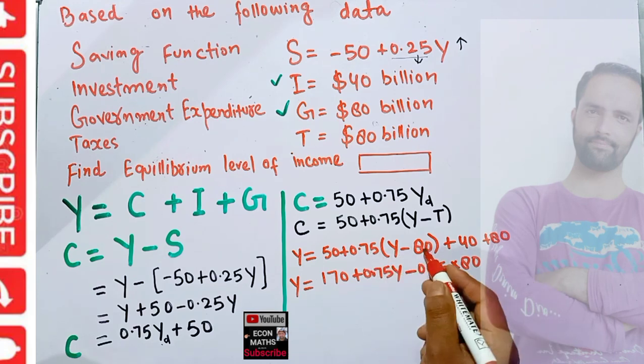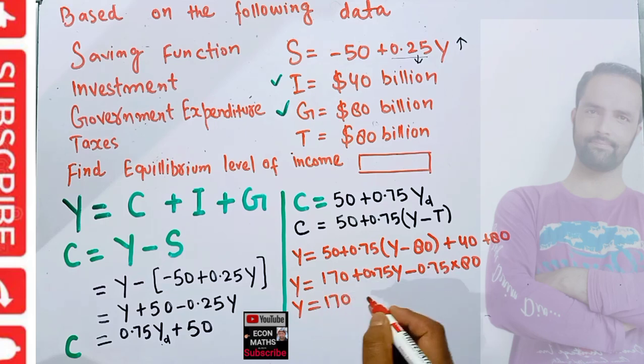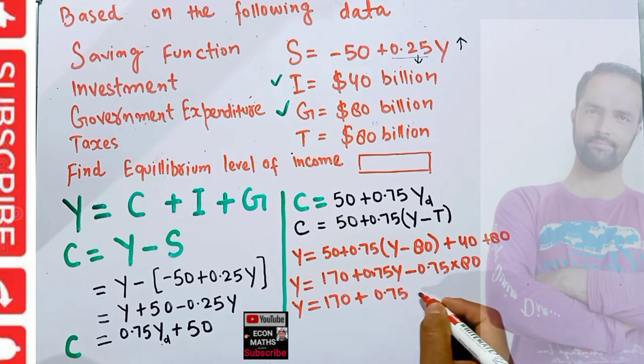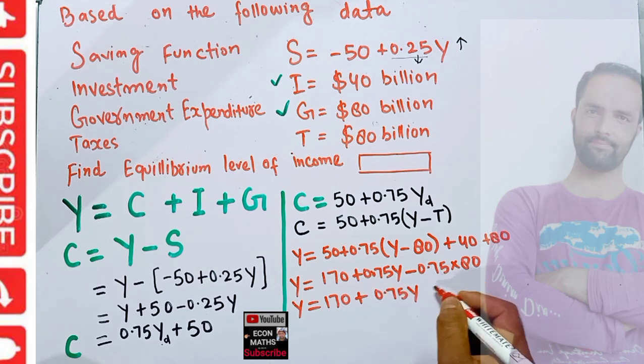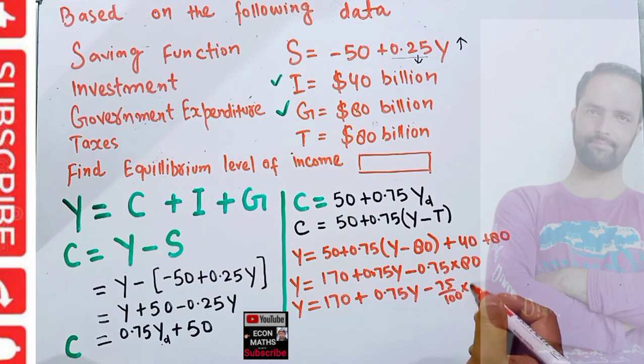So multiplying this 0.75 to each of these terms, we have y is equal to 170 plus 0.75 y. 0.75 can be written as 75 upon 100 into 80, so the zeros will cancel.